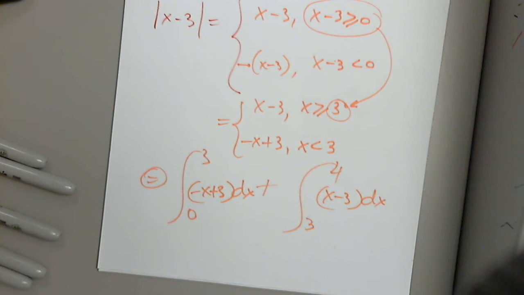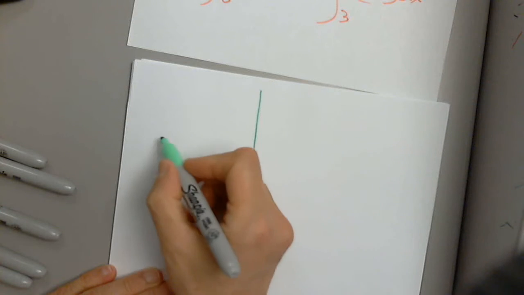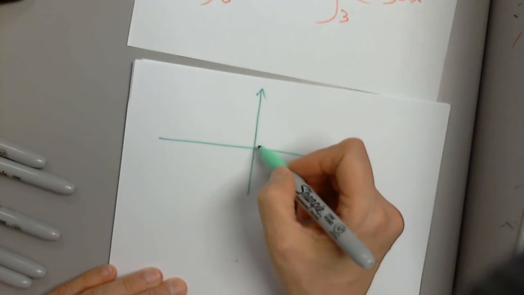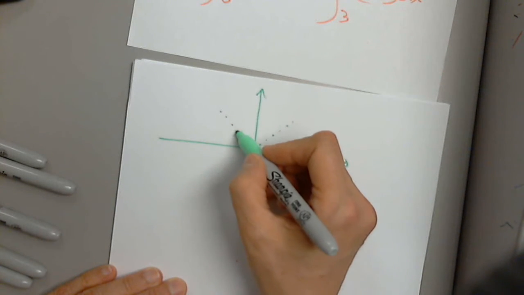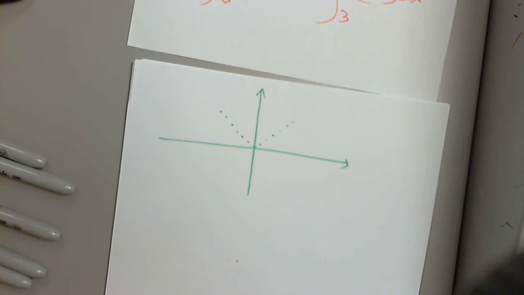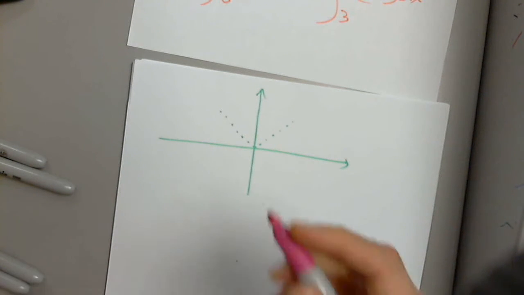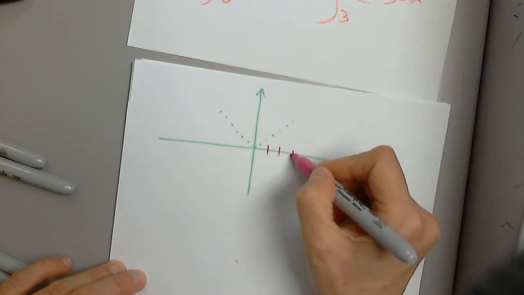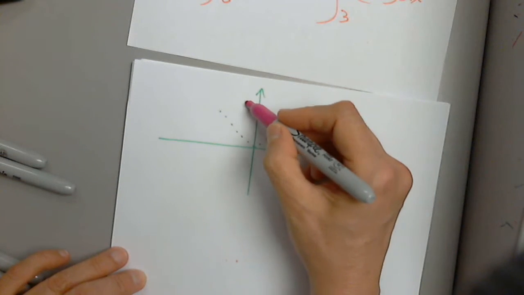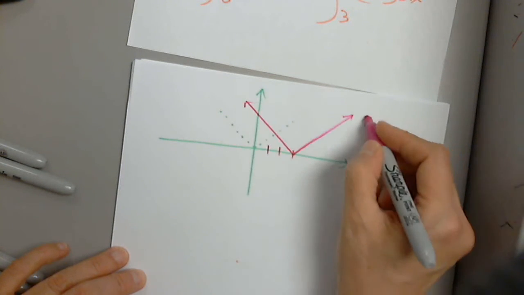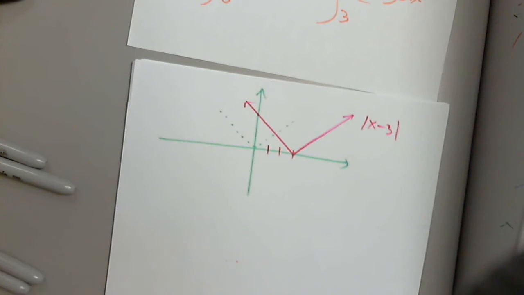So let me show you a picture of this. It's a very good picture. We didn't finish, I'm coming back to finish it up, but I just want to show you a picture. This is the absolute value of x, but the absolute value of x minus 3 is this. We are trying to integrate between 0 and 4.